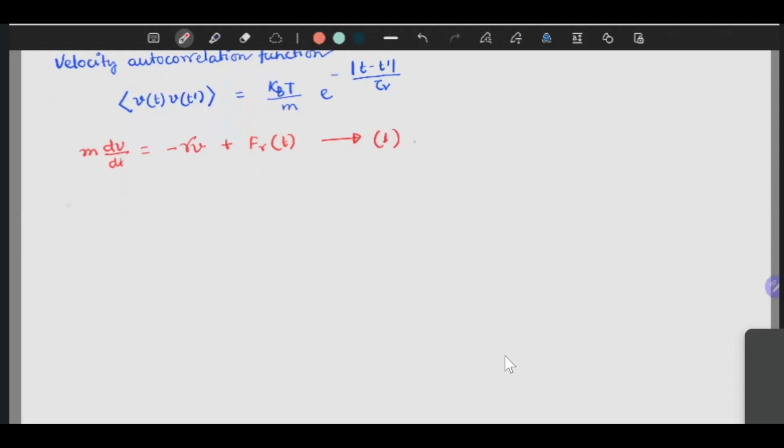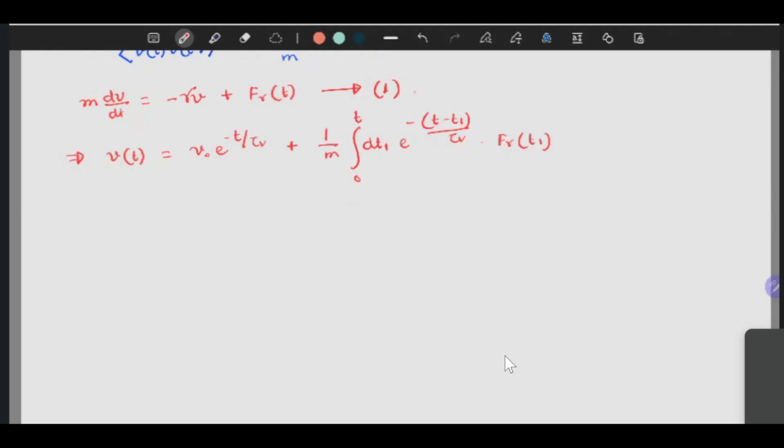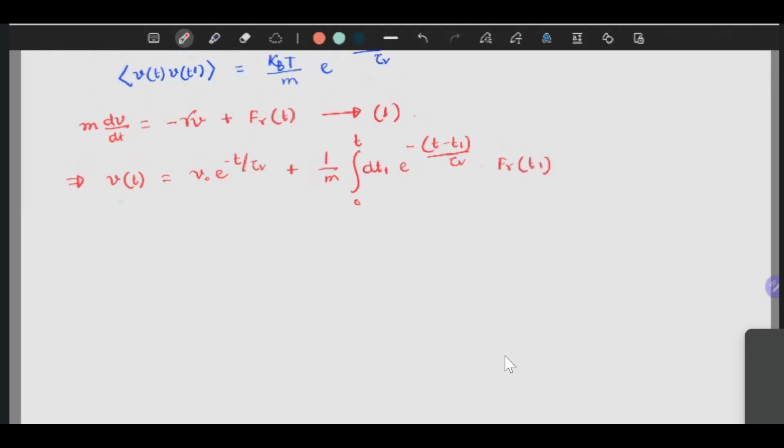So from here we get this v(t) was v0 e to the power minus t by tau_v plus 1 by m integral 0 to t dt1 e to the power minus (t minus t1) by tau_v into f_r(t1).